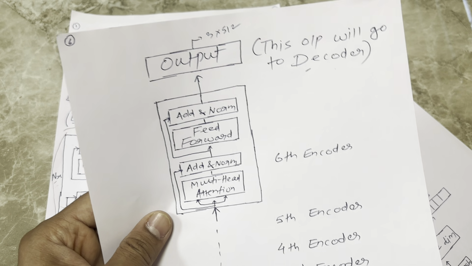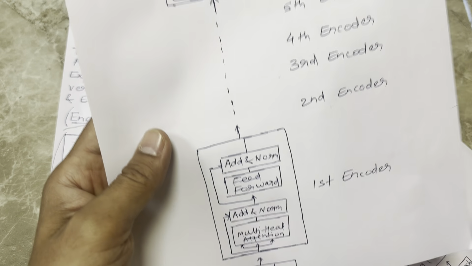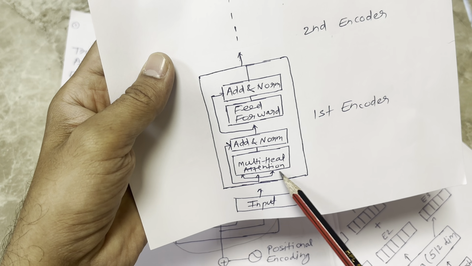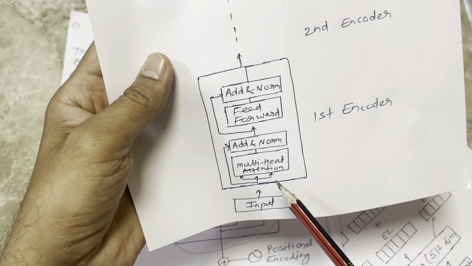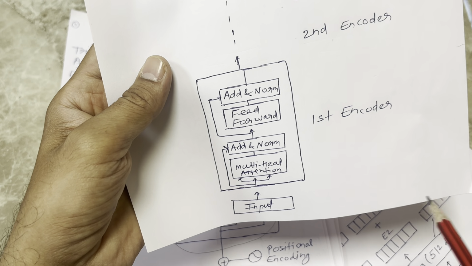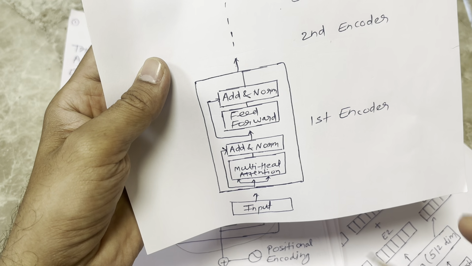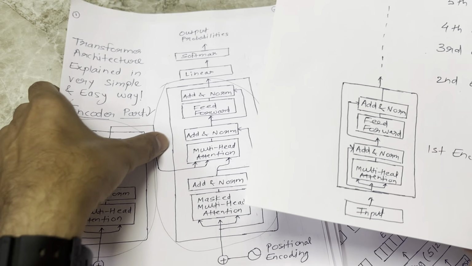And one more thing, everyone: before the input enters the first encoder block, there are 3 important operations which are performed on the sentence. Let me take an example, everyone, and explain each and every step to you.